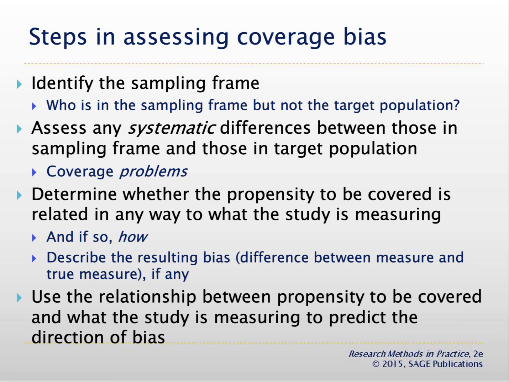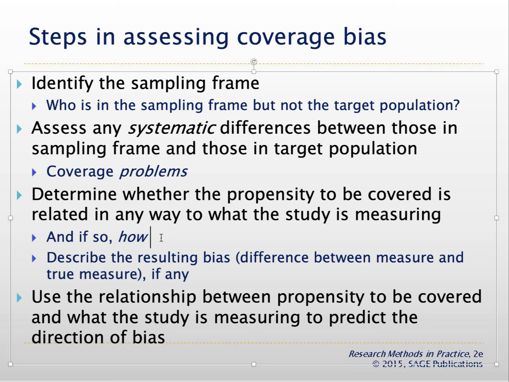Same for non-response, who didn't respond that is in your population. Assess systematic differences, determine whether the propensity to be covered is related in any way to what the study is measuring, and if so, how, and then describe the bias.